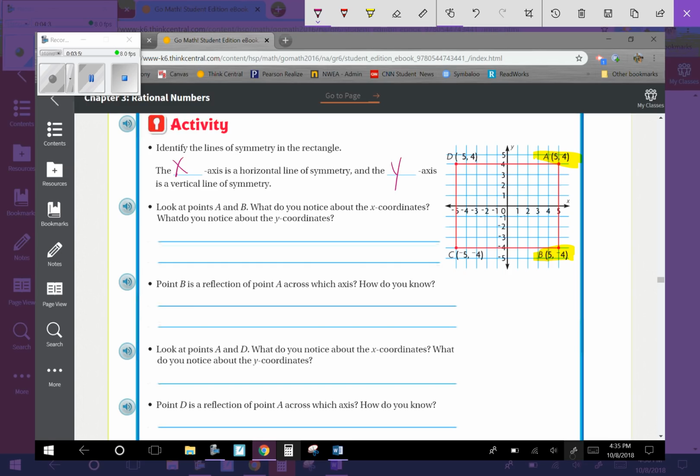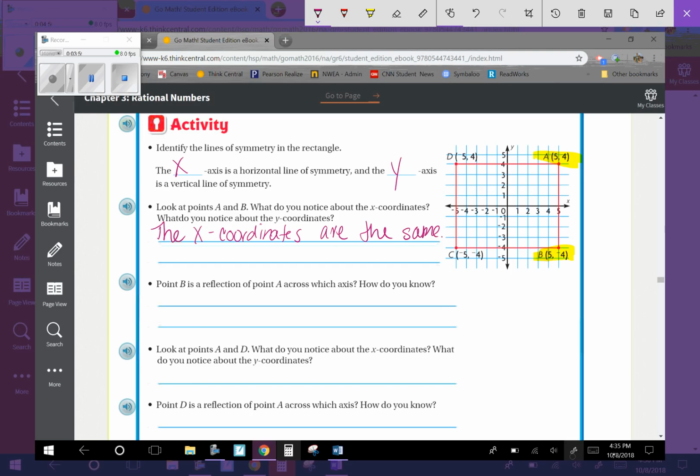We notice that the x-coordinates are the same. They're both 5.